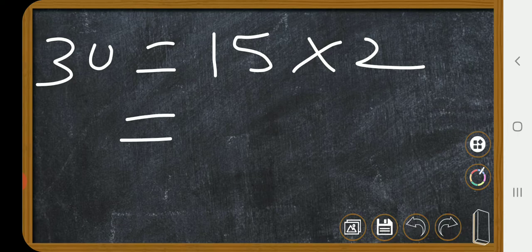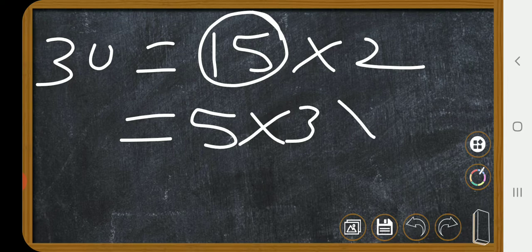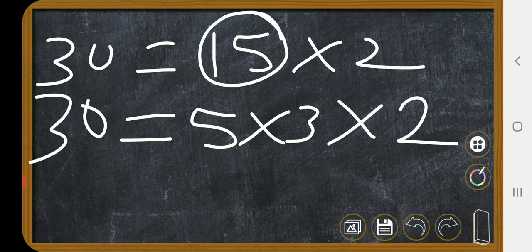This 15 is in which table? 5 threes are 15, and this is 2. So this is the horizontal arrangement: 5 threes are 15, 15 twos are 30. Have you understood vertical arrangement and horizontal arrangement? It's very easy, so don't get confused.